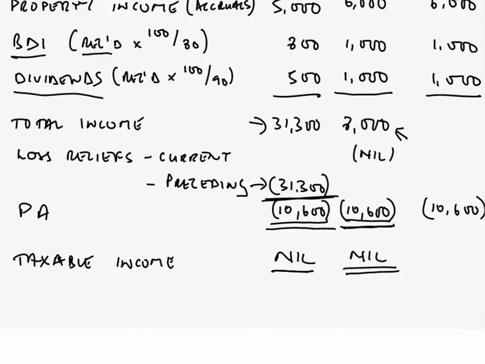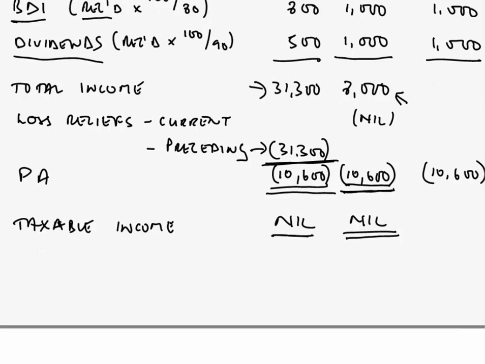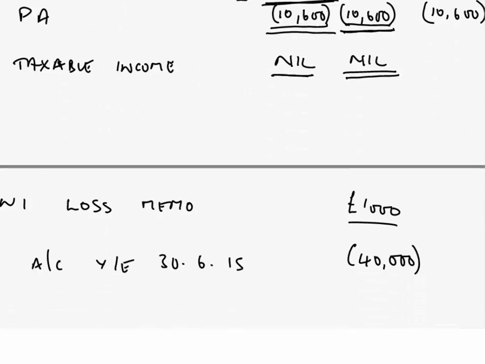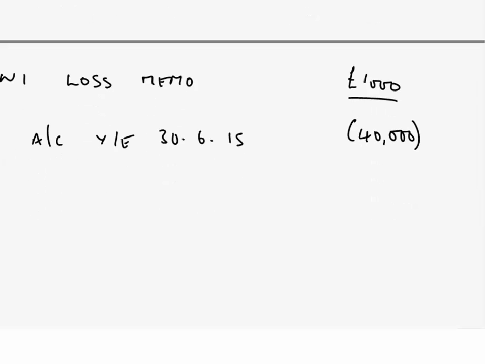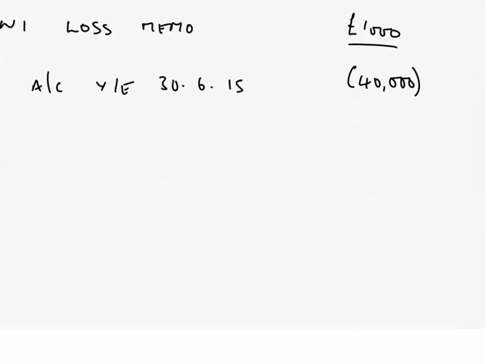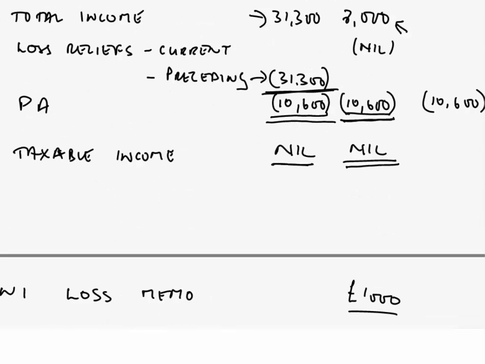Right, let's just show how we'd have identified that on our loss memorandum. Remember, we had that other little loss memorandum. So, we have made no claim in the current tax year. We have then used in the preceding tax year, how much was it? I think it was £31,300.